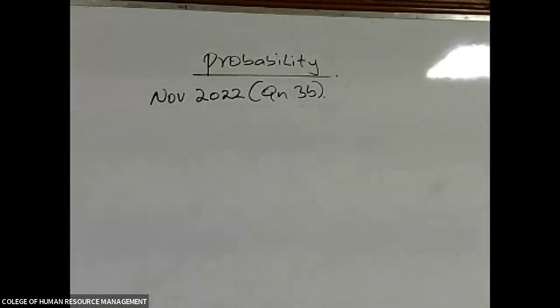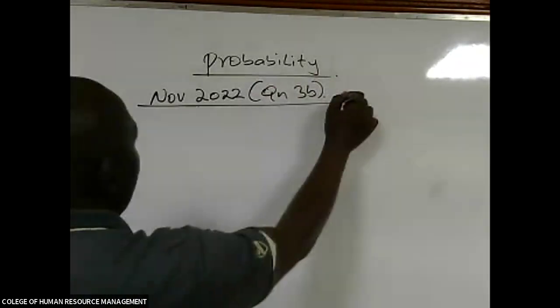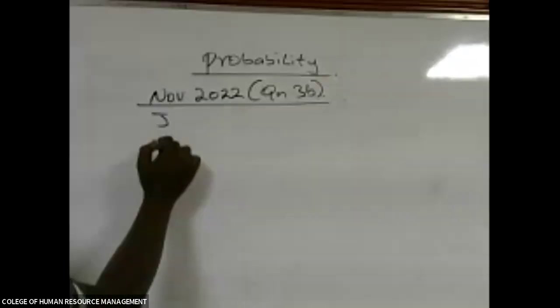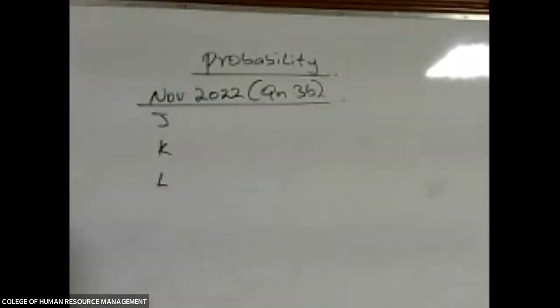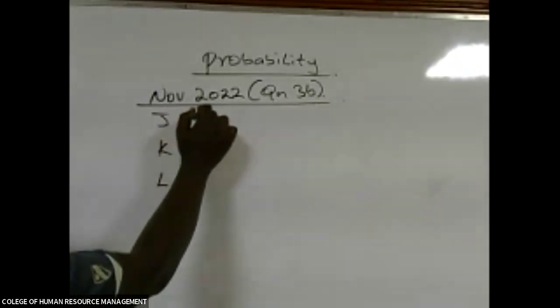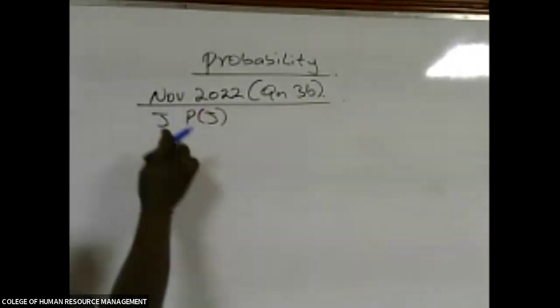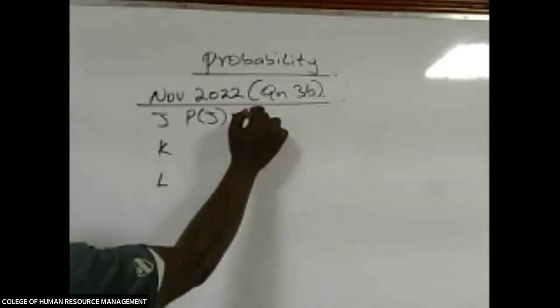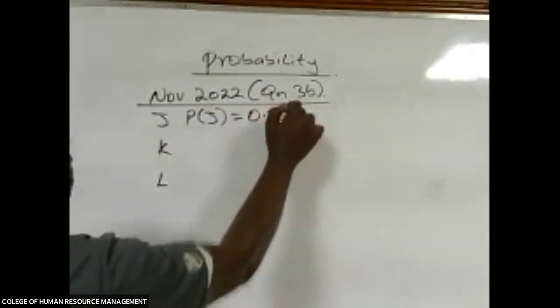It says that a factory uses 3 machines that produce the items. We have machine J, K, and L. Then you are told that machine J makes 35%. Remember, probability can also be expressed as a percentage. So the probability that an item is produced by machine J is 35%, which is 0.35.